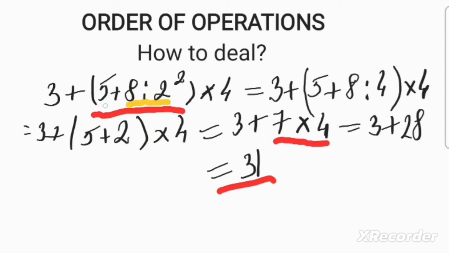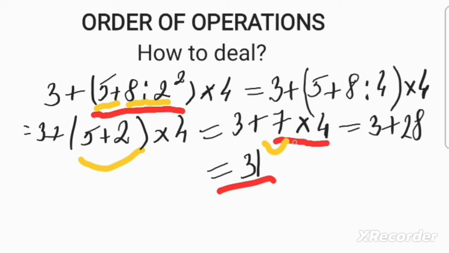After that we make the adding operation. So now we have the final result in the brackets, which is 7. And after that we will use the same method for the numbers outside the brackets.